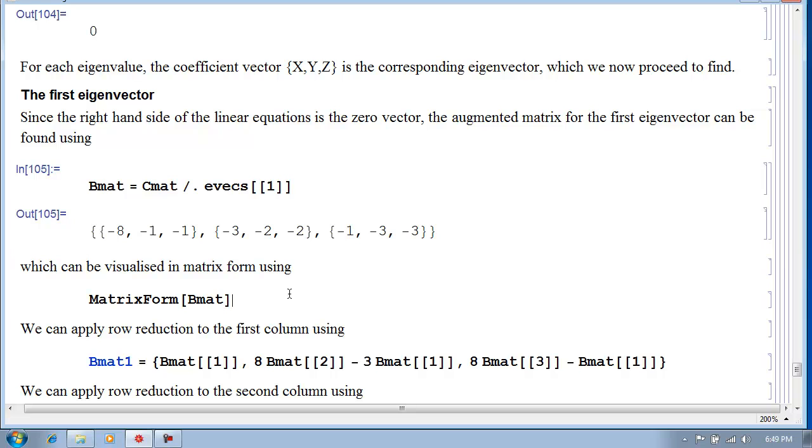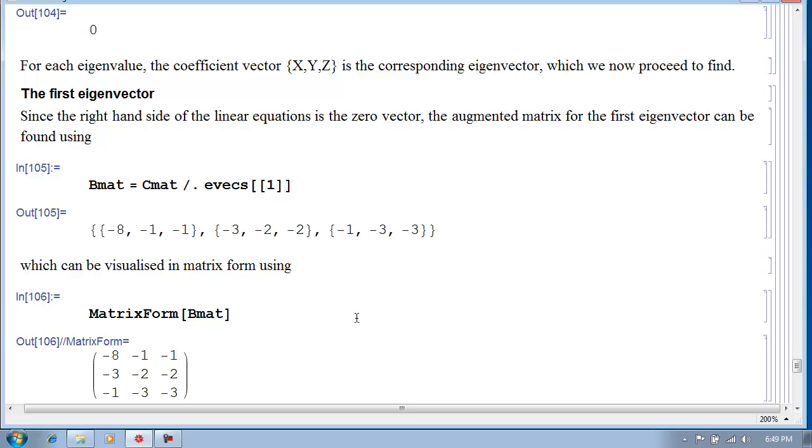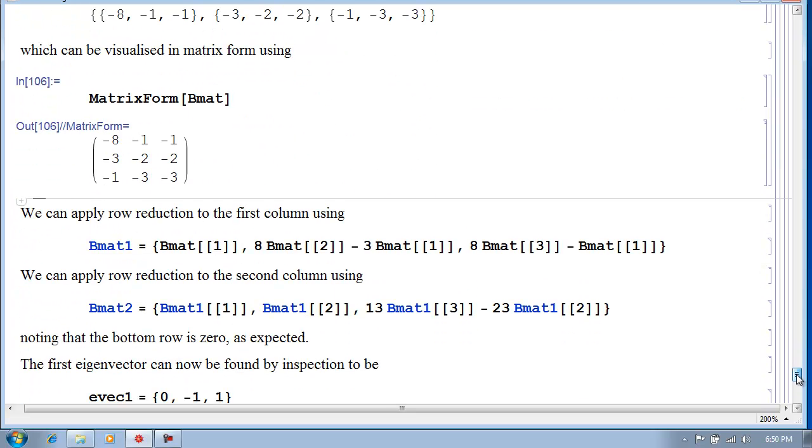And let's visualize that in matrix form using that. And now we apply row reduction to this matrix. Of course, the right-hand side vector is the 0 vector, so no matter what we do to that, we're not going to change it.